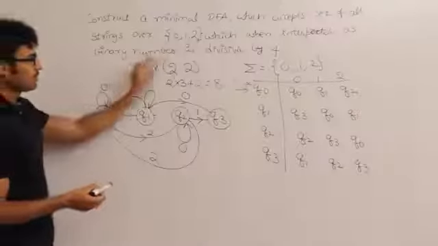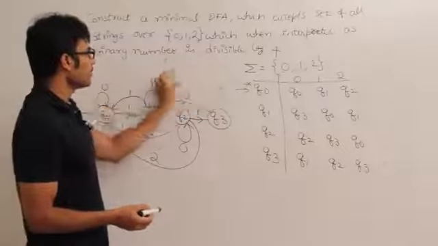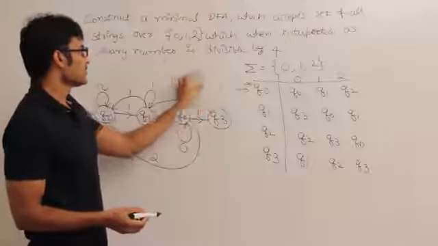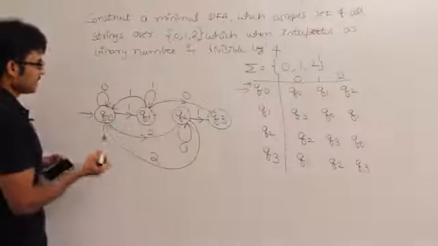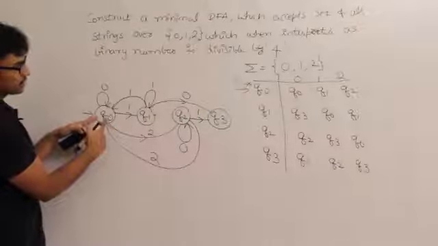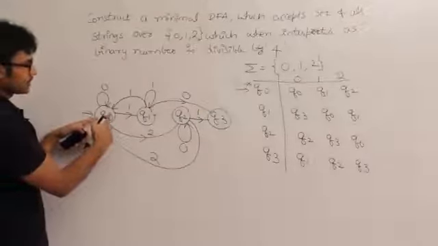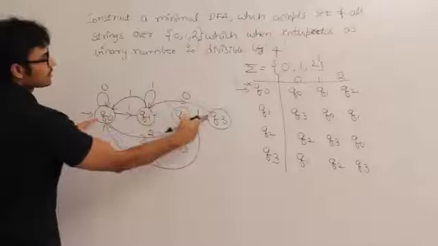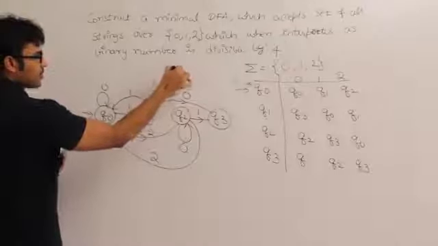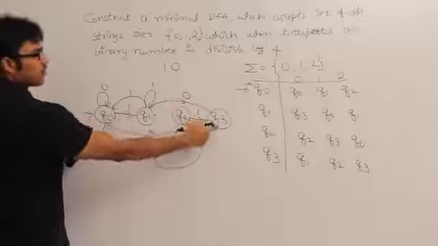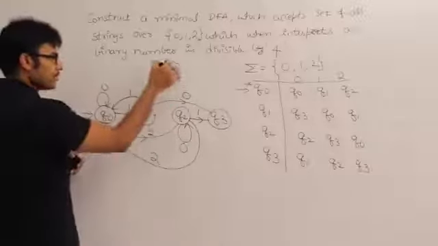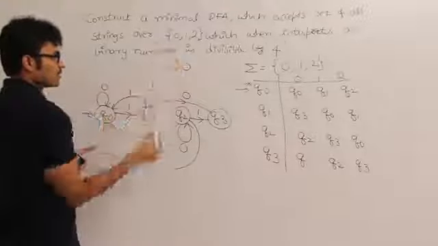Now let's talk about Q3. How did we reach Q3? By seeing some string which will lead us there. Let us say I am in Q1. How can I reach Q3? On seeing 1 and then 0. So on seeing 1 0, I have reached Q3. Now in Q3, if I see a 0, what is it going to be?